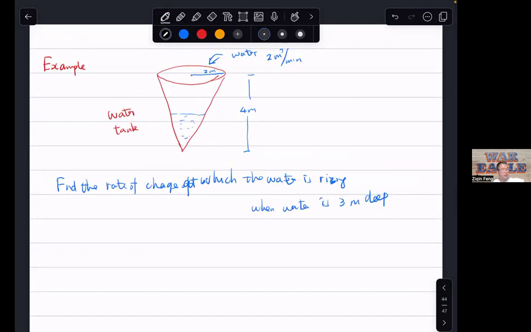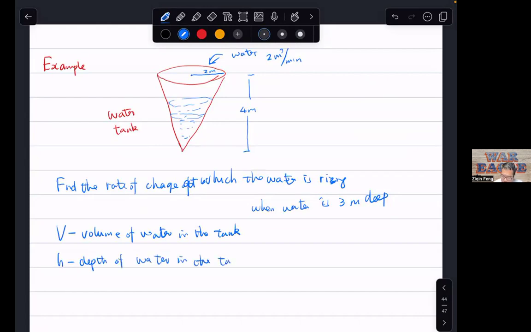So before we do that, let's write down an equation for that. V here is the volume of water in the tank, and H here is the depth of water in the tank.